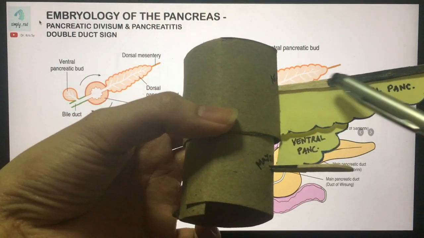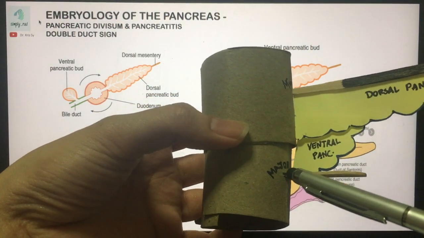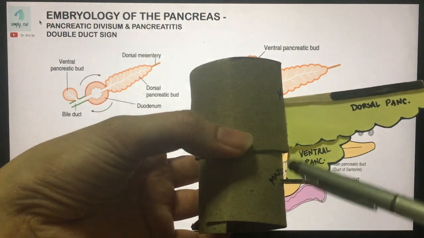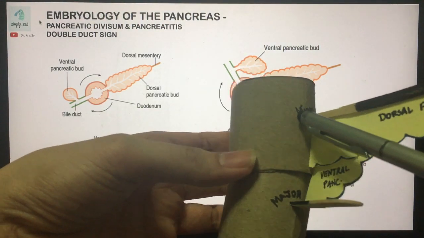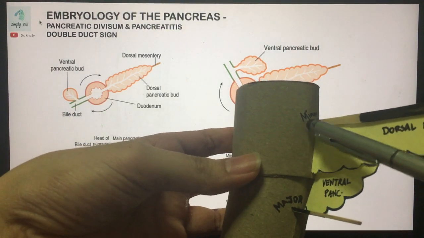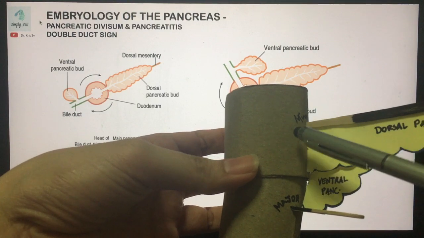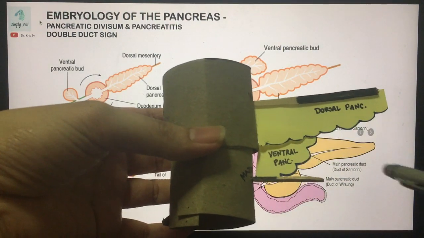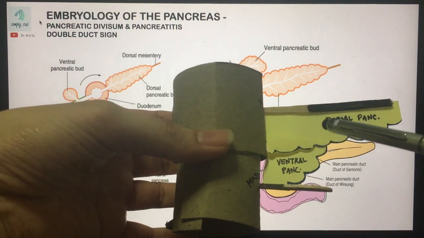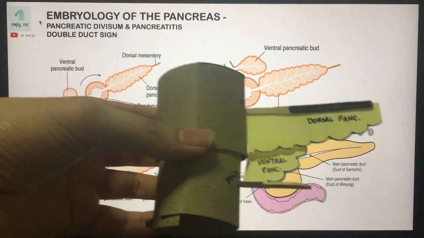Now this dorsal duct is smaller compared to the ventral duct. Smaller duct, smaller papilla, or the minor papilla, and this minor papilla may not be able to handle all of the secretions of this larger portion of the pancreas, and that will predispose to pancreatitis. Okay, so that's pancreatic divisum.